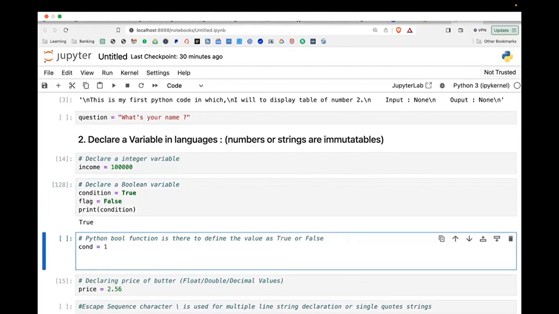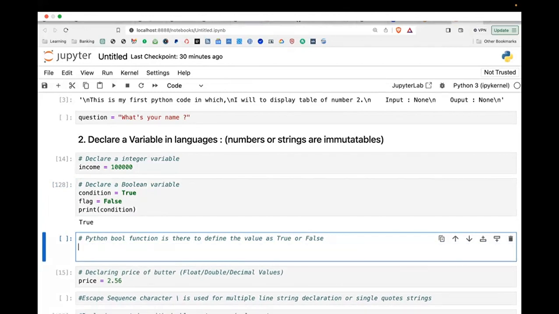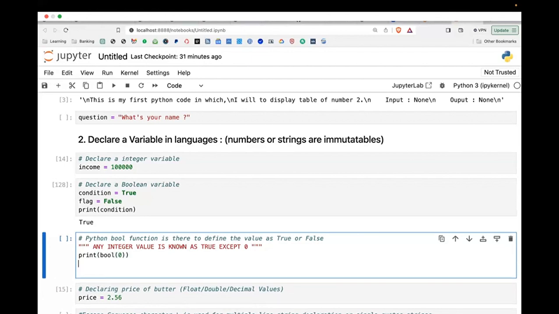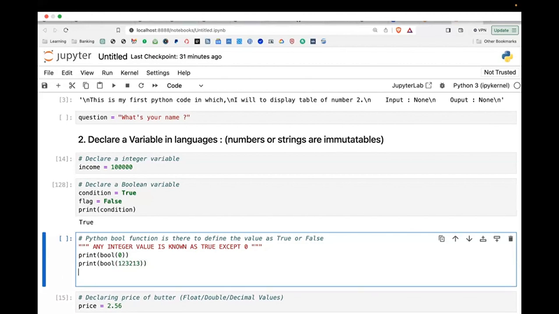Any integer value is known as true except 0. Remember, except 0. I'm just printing it. Wait a minute, print bool of 0. Print bool of a very big value. Print bool of a very negative value.